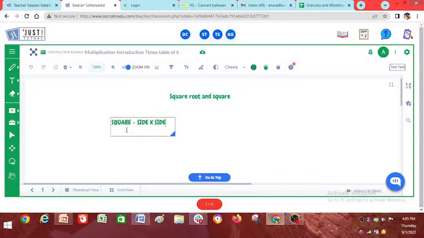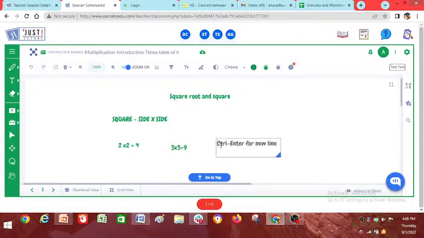If it is 2 squares, how will we write? We can write it as 2 times 2, that is equal to 4. And if it is 3 square, we can write 3 times 3, that is equal to 9. And if it is 4 square, you can write it as 4 times 4, that is equal to 16.